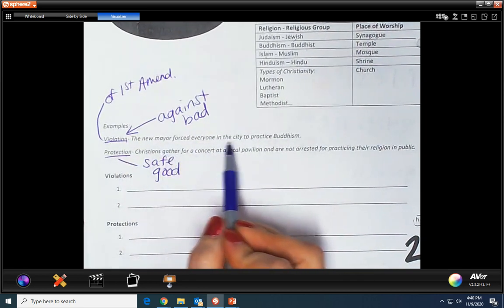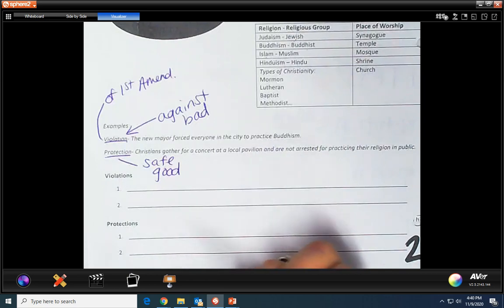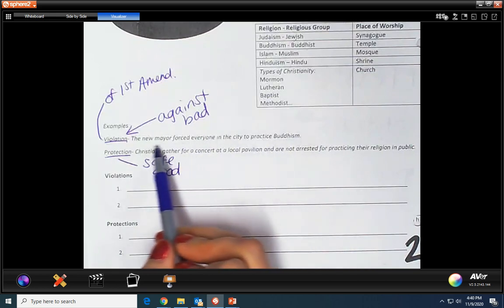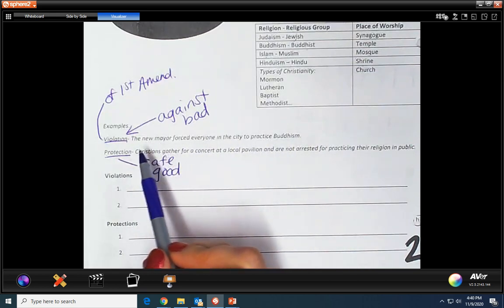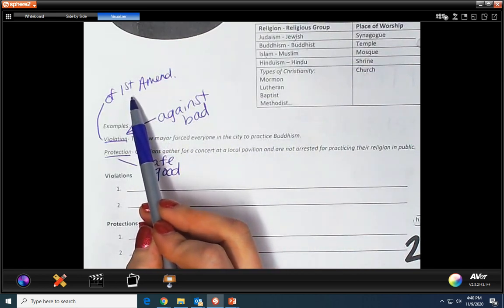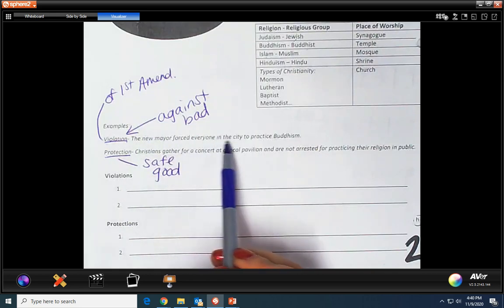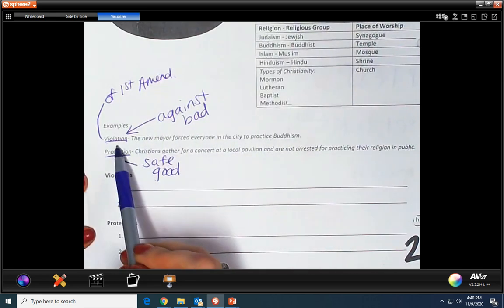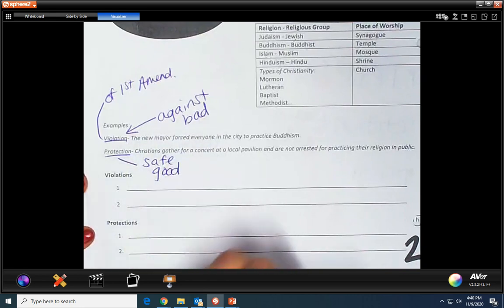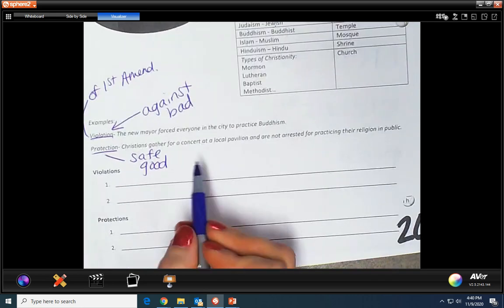No mayor can all of a sudden say everyone has to be Buddhist because that's what I am, so I'm making a new city law. No, that would be shot down because you're going against a federal law which says people can practice whatever religion they want. So you see how that's a violation? It's going against a rule. It's bad.